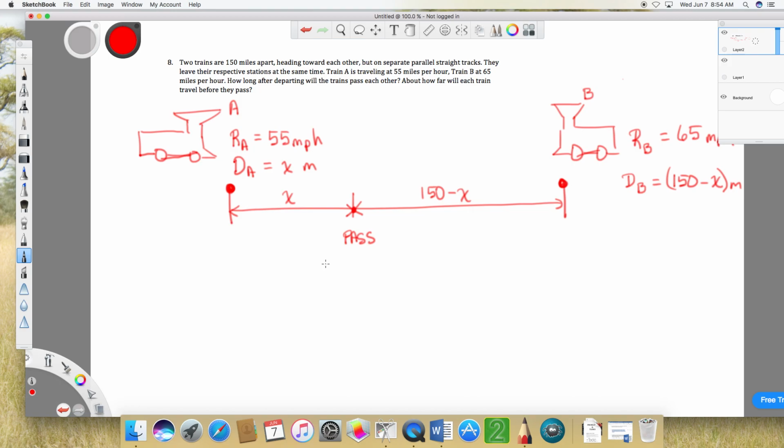So let's set up that the length of time that Train A has been traveling, and this t is time, not train, is the same as the length of time that Train B has been traveling. Since distance equals rate times time, time is distance divided by rate. So I can take the distance of Train A divided by the rate of Train A, and that ratio is the same as the distance that Train B has traveled divided by its rate.